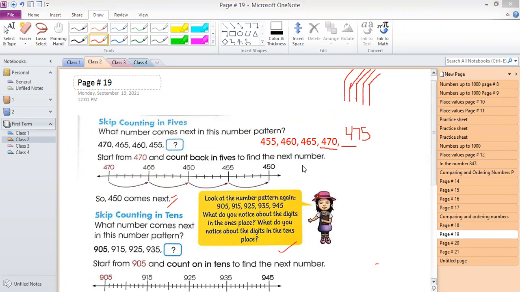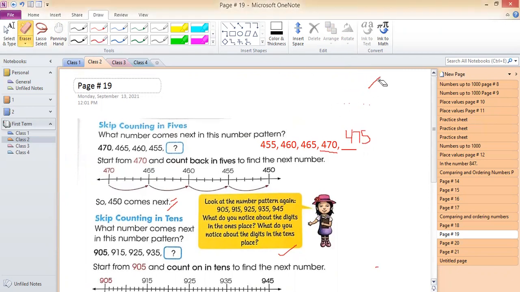Yes, sir. That's very good. So this is the easy one, guys. But if you look at the book example, here you have 470, then 465. So please check and tell me, is 470 bigger than 465 or smaller than 465?